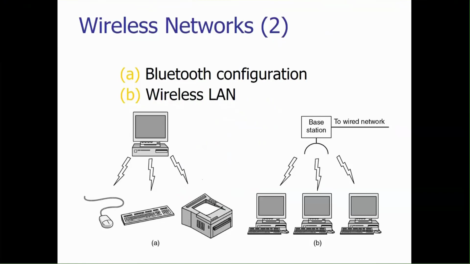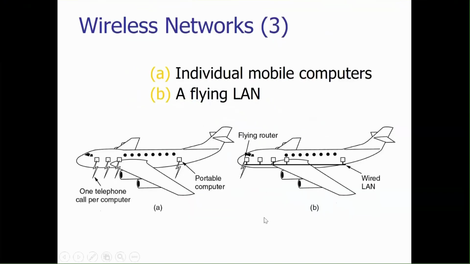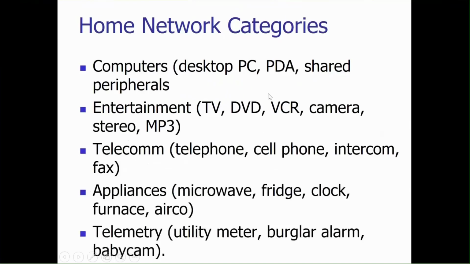So the 5th generation, which I'll talk about later on as well, or you will be doing some seminars on this, okay? So again, even in airplanes, I think you know now we have internet, right? We have internet, we have telephone connectivity on an airplane. That's very interesting. You are over there and you are connected to the internet. So you could have a flying LAN, a flying local area network, or even internet connectivity, okay?